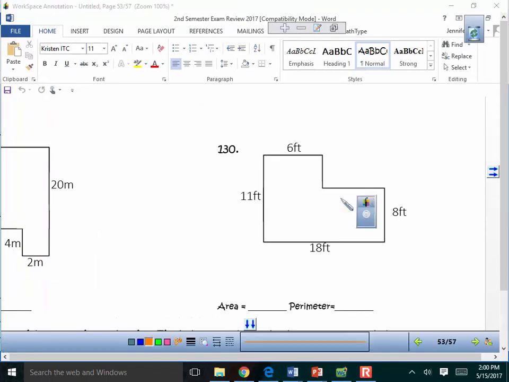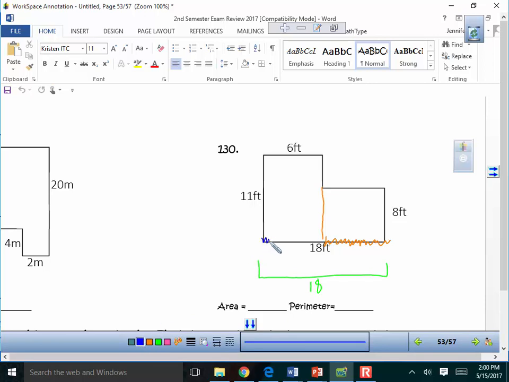So look at 130. Perimeter, you just add it all up. If we break this up into 2 separate rectangles, what is this length right here now? 8. If this whole distance here is 18, and this portion of it is 6, then what's left for the orange?